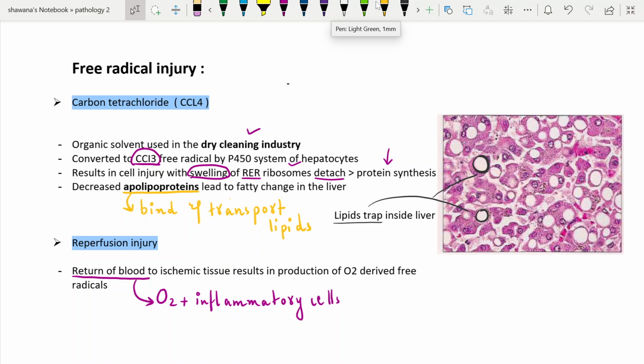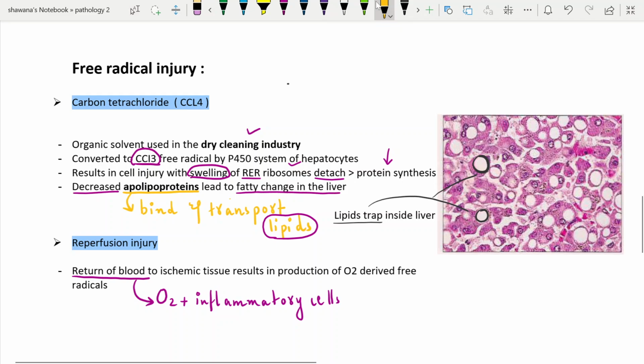When there is reduction of proteins, what is the consequence? It results in decreased apolipoproteins. Apolipoproteins are the proteins that bind and transport the lipids. But when there are decreased apolipoproteins, it leads to fatty changes in the liver, because the liver is not able to bind the fats and transport them out of the liver.